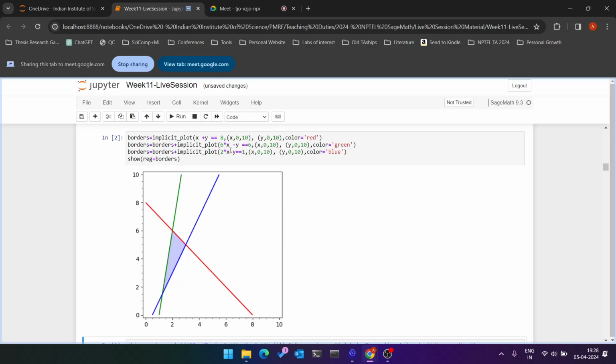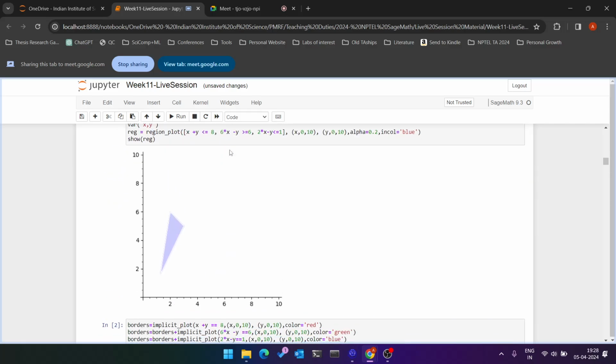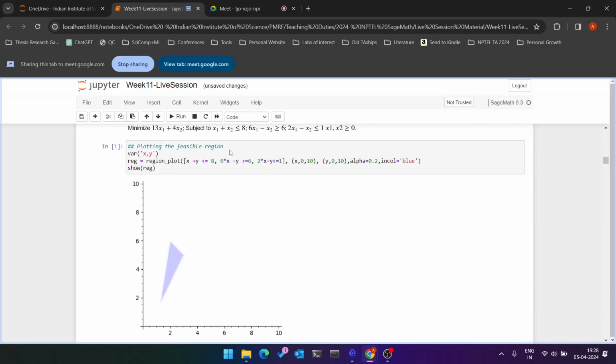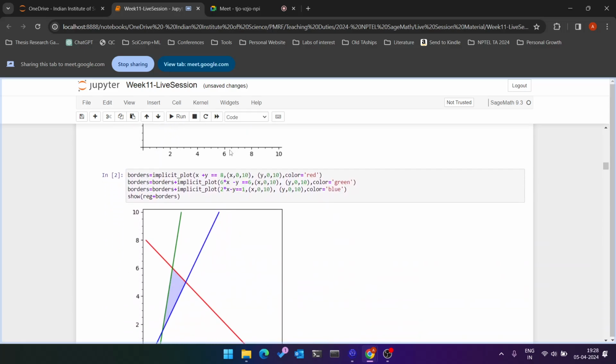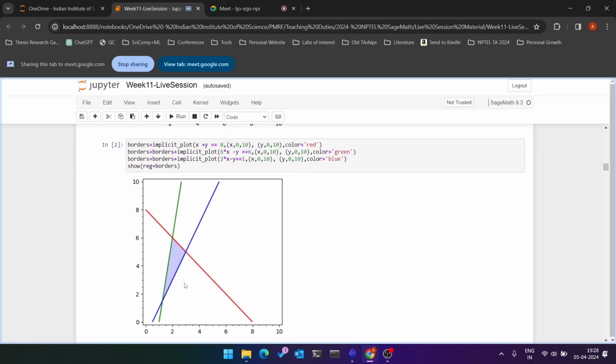The second constraint is 6x minus y greater or equal to 6. So that is tightened to 6x minus y equal to 6, into an equality in the green color. And the third inequality is tightened to 2x minus y equaling 1 into this blue line. So this creates my region.